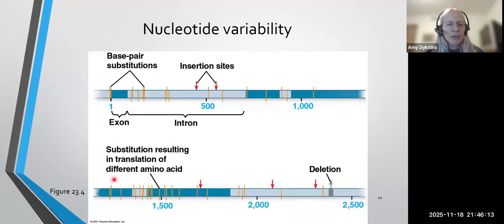There's a substitution that resulted in translation of a different amino acid. So there's a lot of nucleotide variability that doesn't necessarily result in phenotypic variability. This one mutation here causes a phenotypic change in the functioning of the enzyme, the alcohol dehydrogenase enzyme.